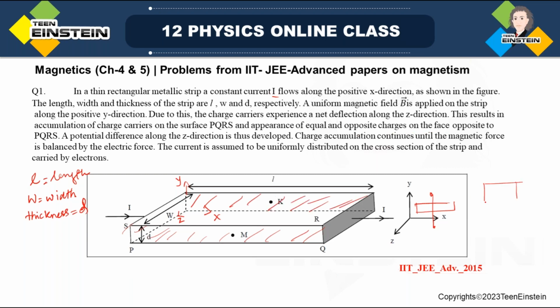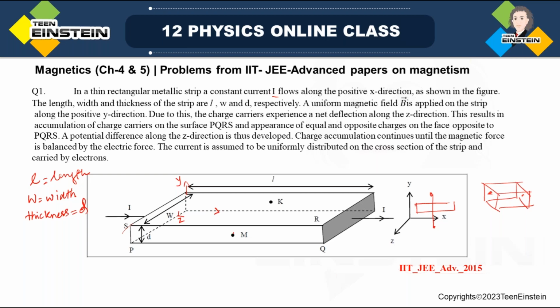If I think of a rectangular slab like this, these are the two opposite faces. The figure is very clear actually, so you can make it out. Where K and M, two dotted points, are there.